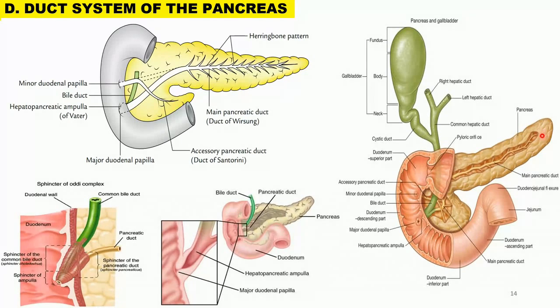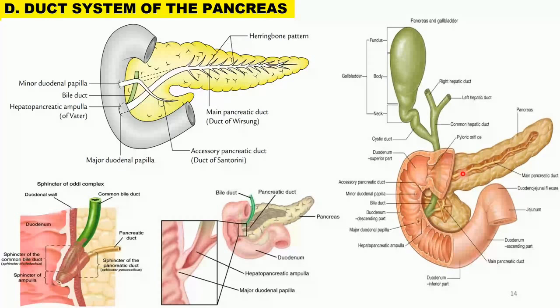It collects secretions from the tail and the body, and of course you can see there are those small ducts that we call ductules. They are going to be joining the main pancreatic duct along its way.